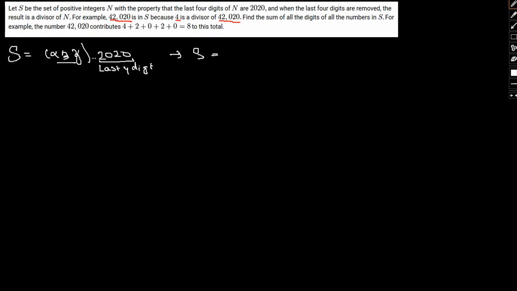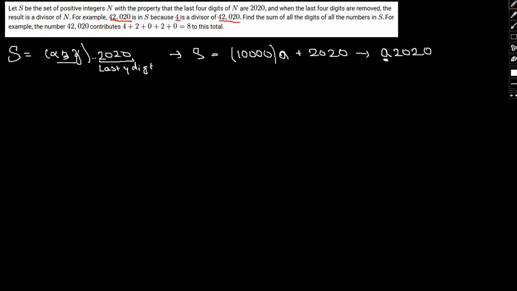Since there are four digits at the end, we need at least a five digit number. So we can write the number in the form 10,000 times a, where a is any number, plus 2020. Now what we need is that a has to divide the number itself.